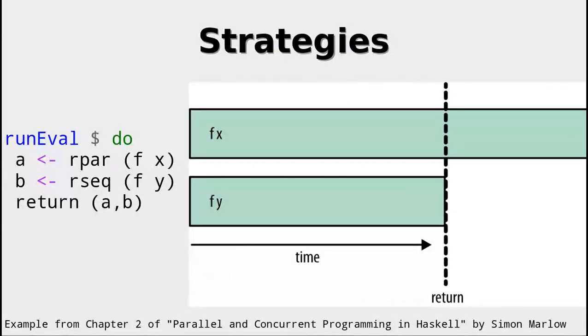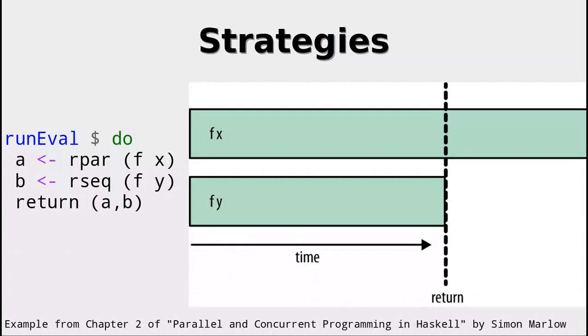But then we force sequential evaluation of b, so of f of y, which is stored in b. And since we force that, the return cannot happen, because the return would need to send out the thunk of b. But we sort of disallow that. We want to have weak head normal form for b, so that's what's happening here.